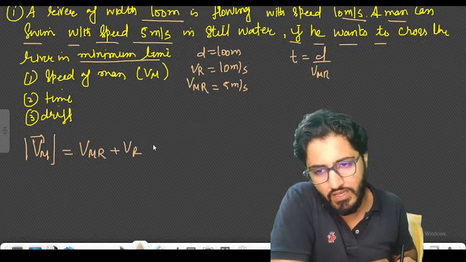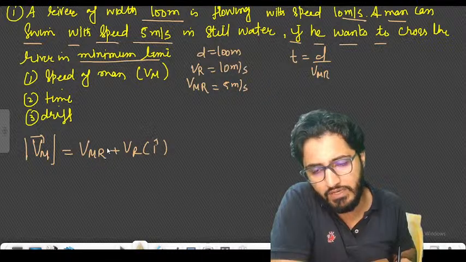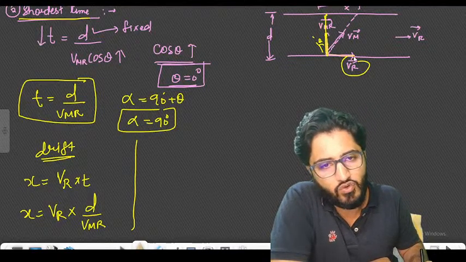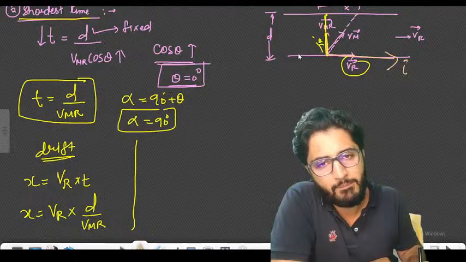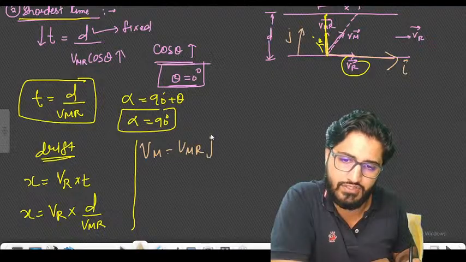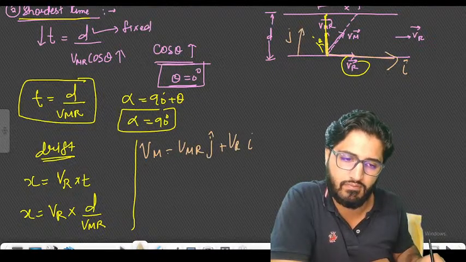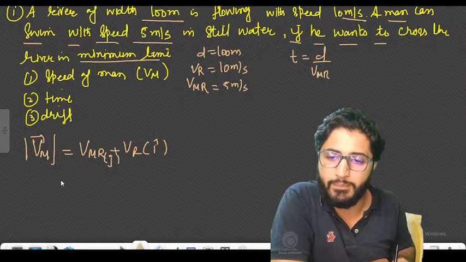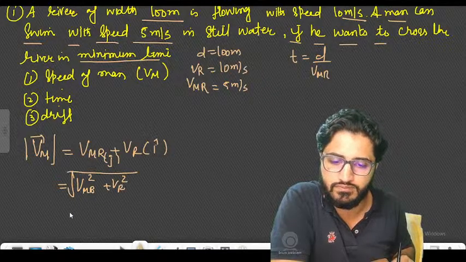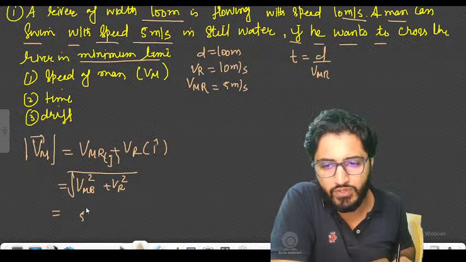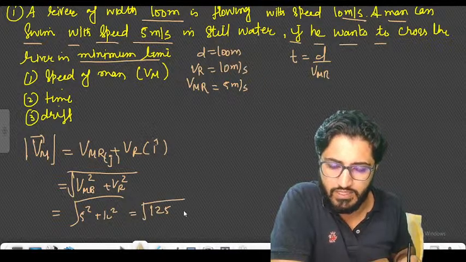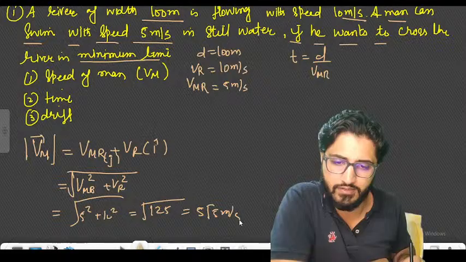VR is in I direction and VMR is J. Why? From the previous case, the river is going in this direction, that means I. The man goes in this direction, that means J. So my Vm is equal to VMR J plus VR I. If you need to take it as magnitude, you will write root of VMR square plus VR square. VMR is 5 square, VR is 10 square, root of 125. That means 5 root 5 meter per second.